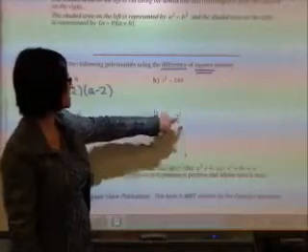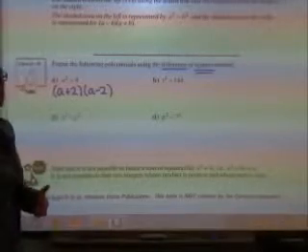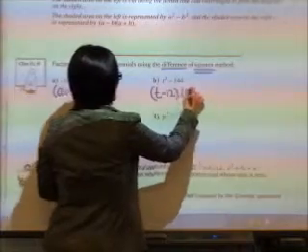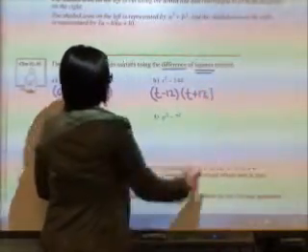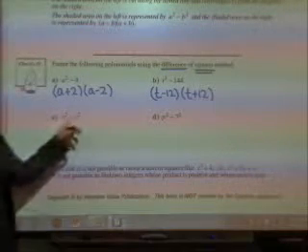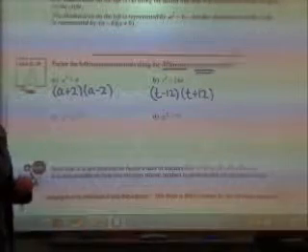If I look at the next one, it is a difference. These two terms are perfect squares, meaning I can square root them. T minus 12, t plus 12. It doesn't matter if I put the t plus 12 first or second, it's still going to work. In C, we don't have any numbers, but we still follow the same format. This is a difference, and these are two squared numbers.